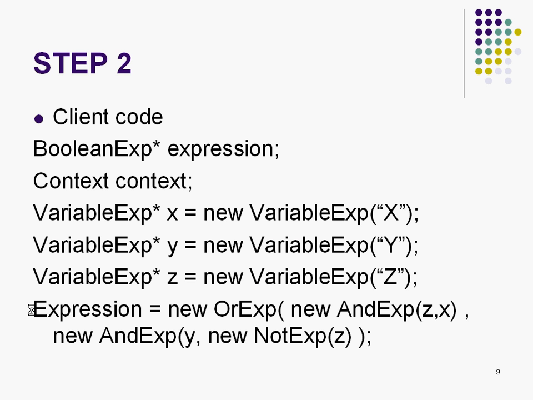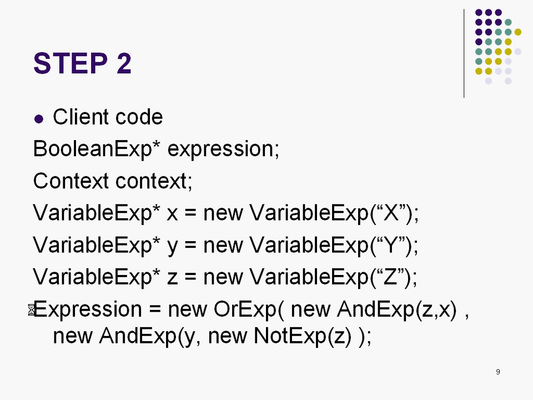I create an AND exp object which takes two variable exp pointers, z and x. I create a NOT exp object which takes a pointer z, which is variable exp, and then one more AND exp which takes this y and the new of this NOT exp object, and this OR expression object takes these two as parameters. Okay.